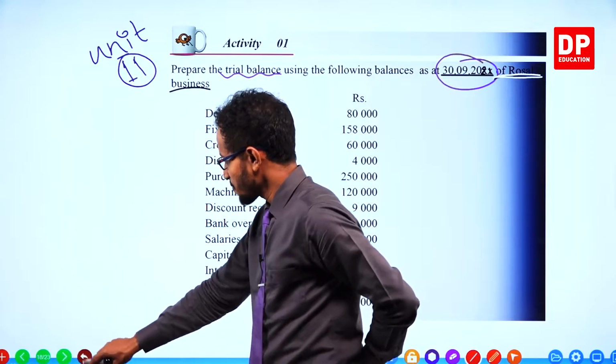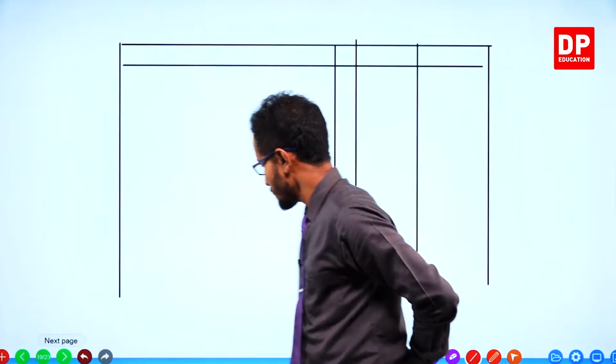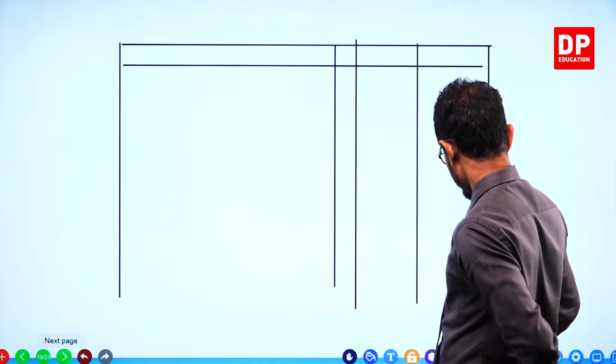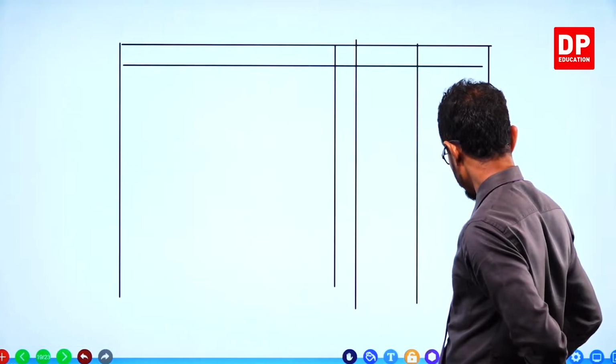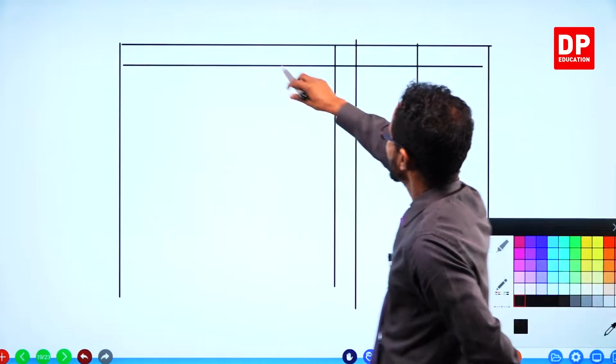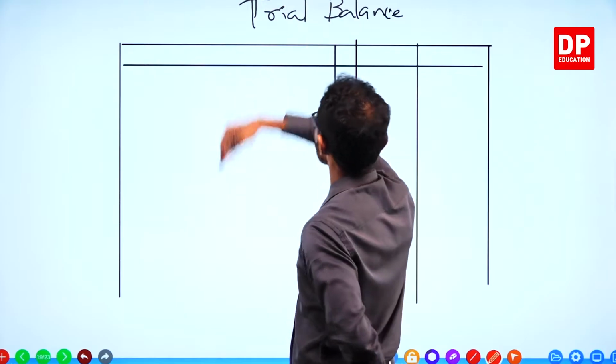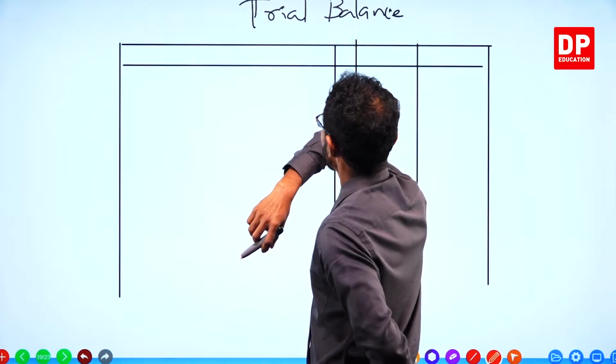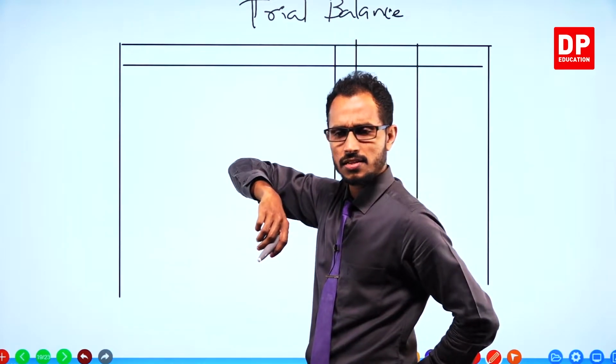So let's write the necessary names and titles for this table. This table is a trial balance. Whose business is it?